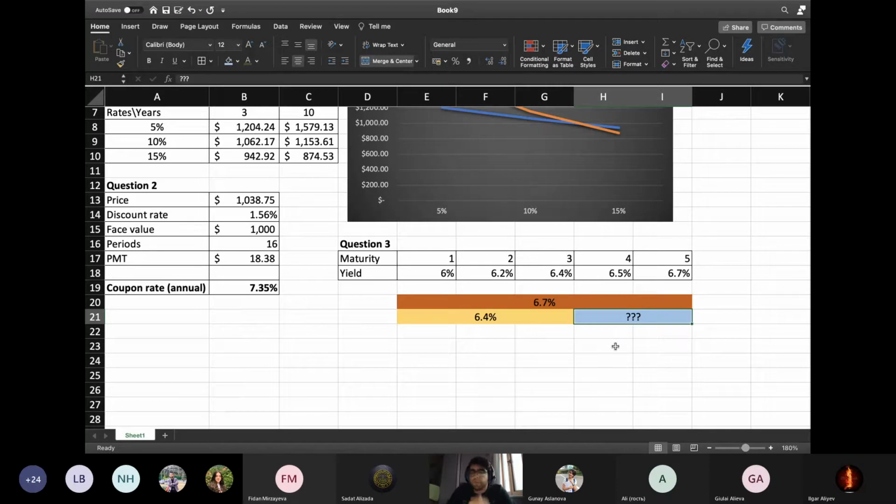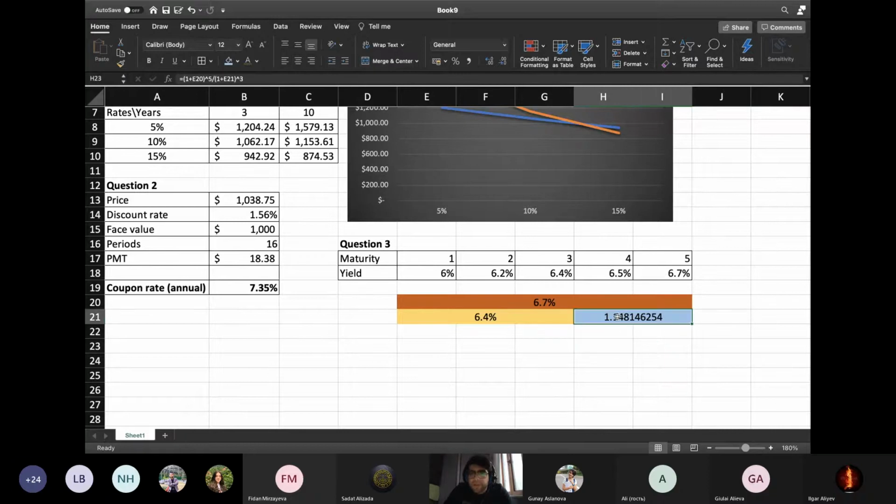We have a great formula for it. We type equal, one plus this one to the power of 5, divided by one plus this one to the power of 3.